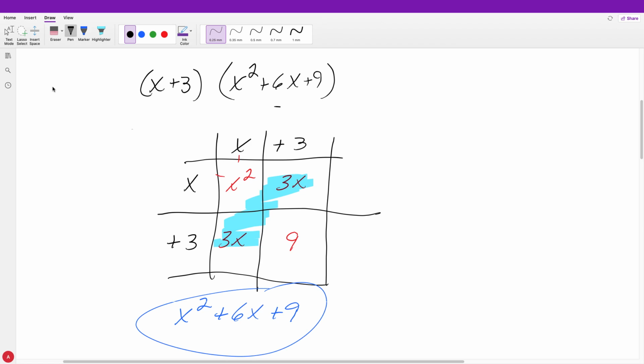So instead of doing x plus 3 squared, we're actually doing x plus 3 cubed, because this is the answer of x plus 3 squared, and now we're multiplying it one more time with x plus 3. I want you to learn how to do this, because there's something cool I want to show you guys in class later on.